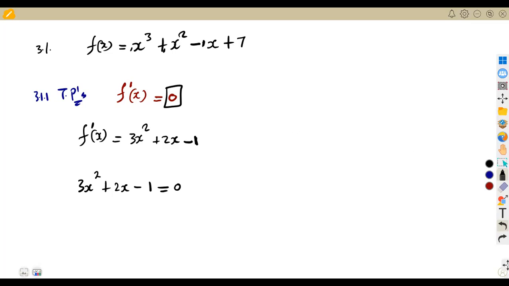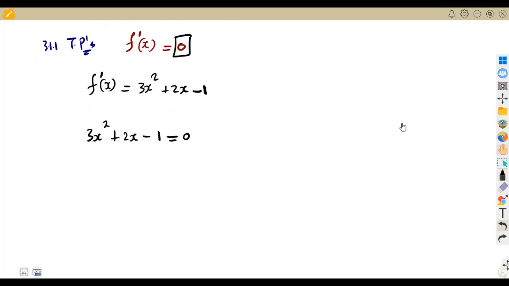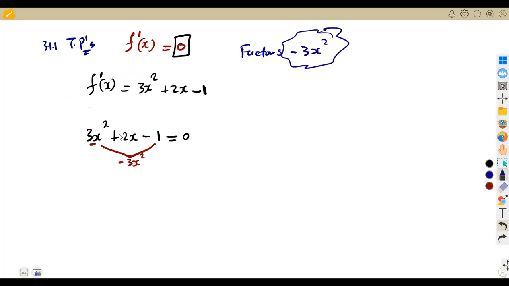So using your quadratic formula or your factorization concept, you're supposed to find the values of x. In this case, we could even use factorization. If we multiply the first term and the last term, we get negative 3x squared. So what we need are the factors of negative 3x squared which are going to add up to positive 2x. So we can refer to 3x and negative 1x.